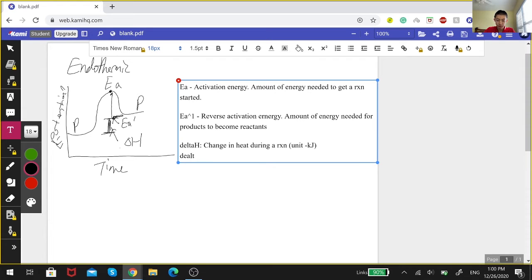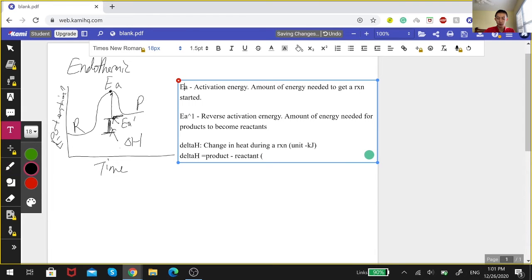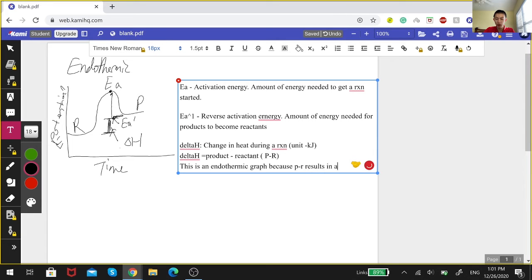Delta H is equal to the product minus the reactant, which is P minus R. Now, finally, this is an endothermic graph because P minus R results in a positive number.